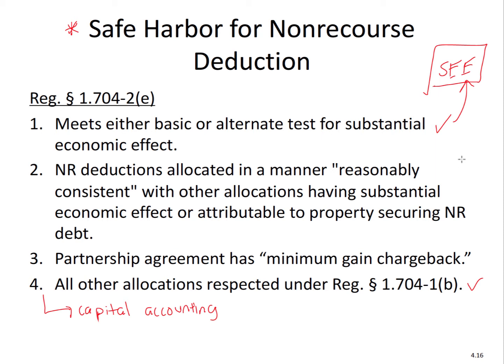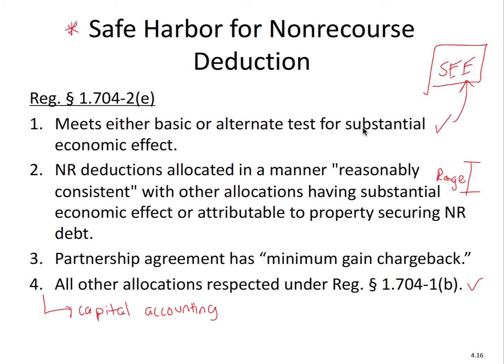What that means is that the non-recourse deduction, let's say in the partnership agreement that specifies what the non-recourse deduction will be, must fall in a range of possibilities that other items are allocated.